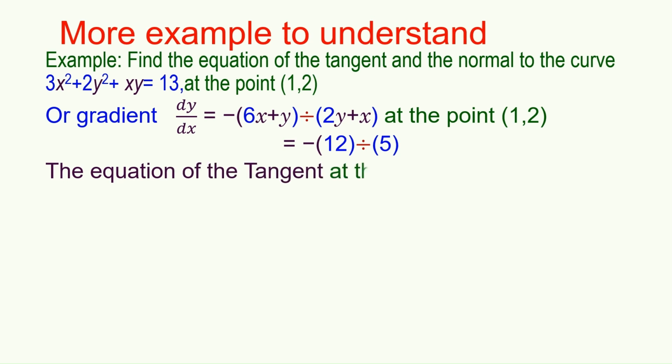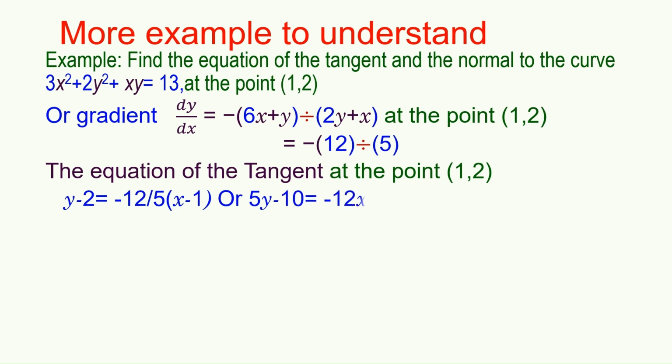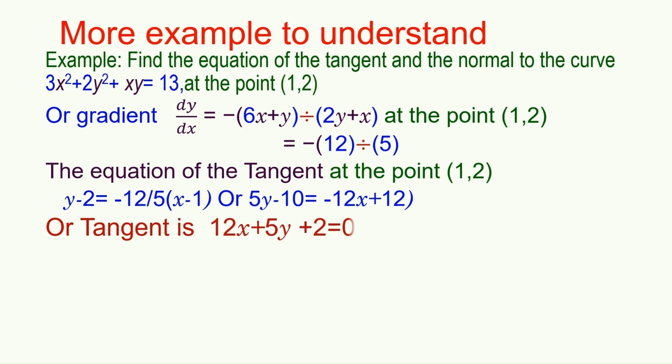The equation of the tangent at the point (1, 2): y minus 2 equals minus 12 divided by 5 times (x minus 1). Or 5y minus 10 equals minus 12x plus 12. Or the tangent is 12x plus 5y minus 22 equals 0.